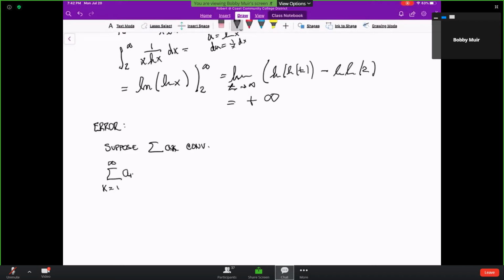It doesn't matter where we start though. So this thing converges, okay? Now what we do is we use S_n to estimate S, which is this sum to infinity of a_k.